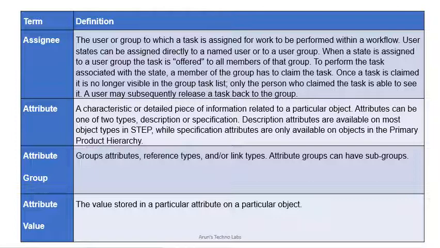An attribute is a characteristic and a detailed piece of information, as every product has attributes. Let's take an example of milk. What are the attributes? Is the milk semi-skimmed or skimmed? What is the measurement?